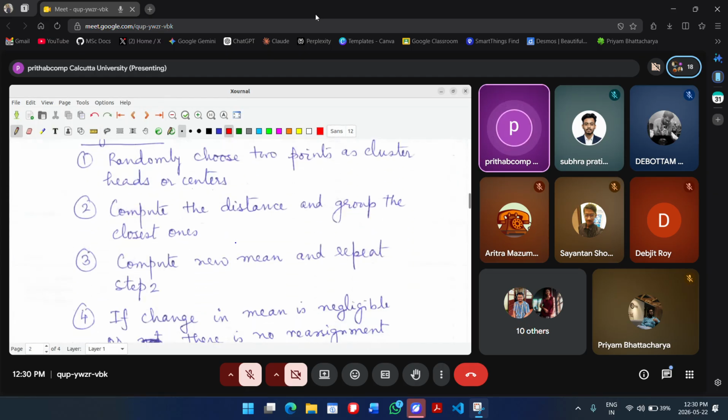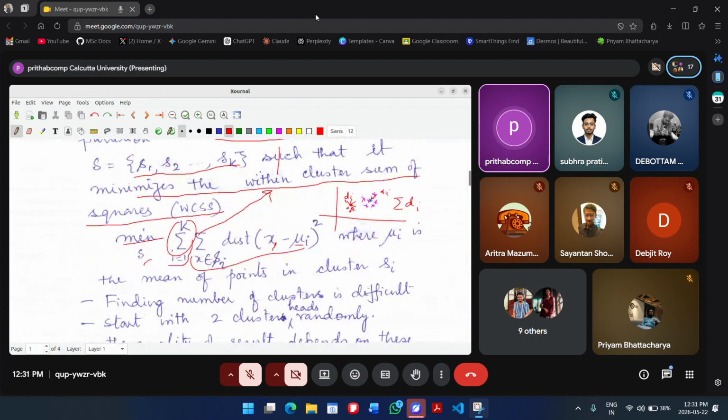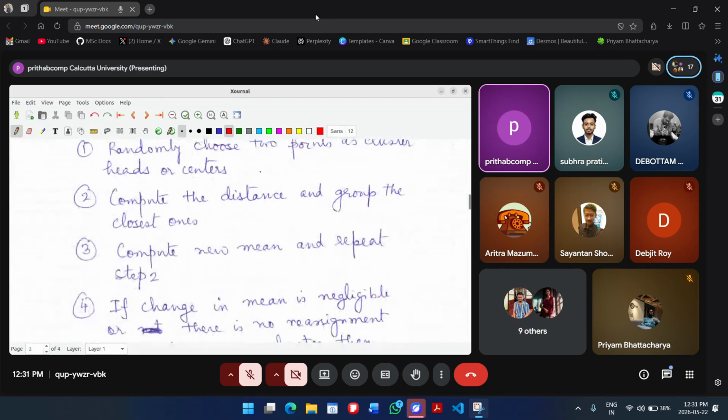If you are not happy with the result, keep increasing the number of clusters and see whether the within cluster sum of squares is reduced.